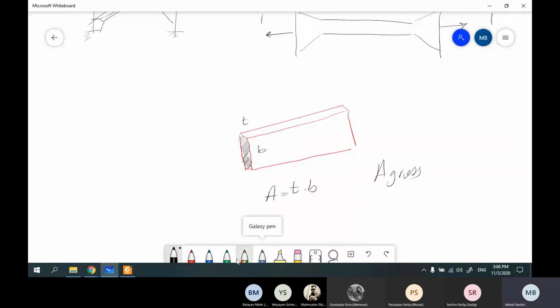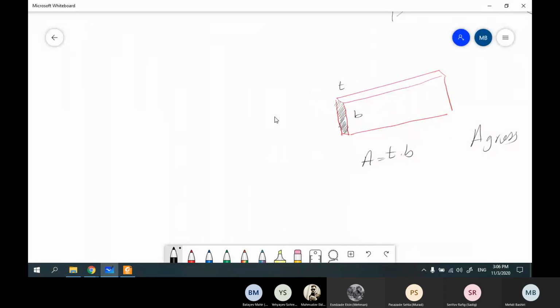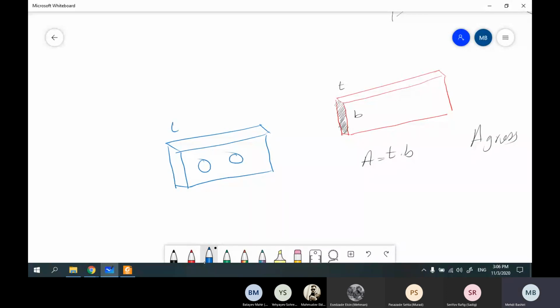But suppose that we have some holes inside this plate, like this. T and B, and there is a hole with diameter of D. Again, this is the whole cross section.